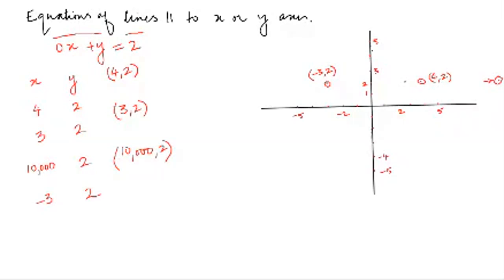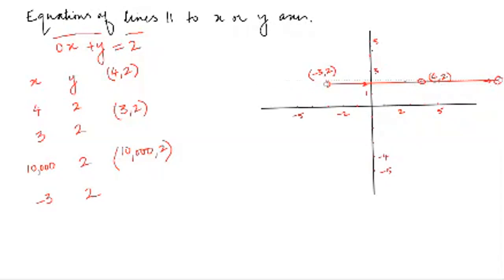How do I join the points? Well, it's very simple. I join like this. One second. I join from here. Now all the points are included on this line. Okay. This is my line.